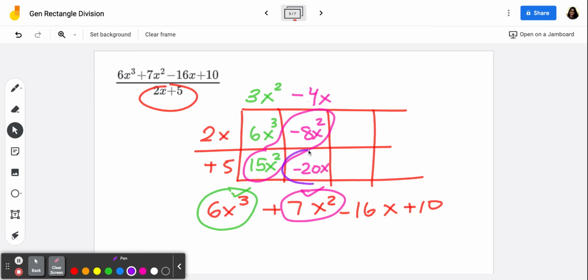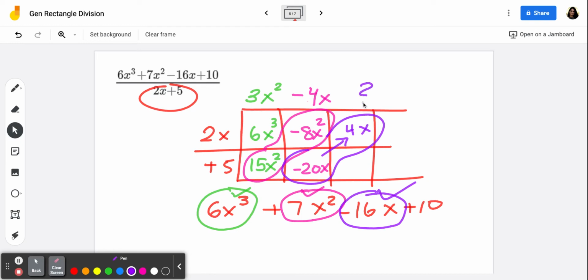Don't forget, these two boxes right here need to add up to make negative 16x. Right now I have a negative 20x, but I want that to be negative 16x. So that means it would have to be a positive 4x. Positive 4x, negative 20x makes negative 16x.